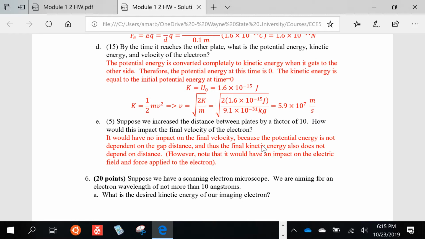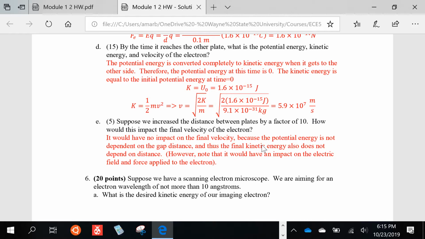That's what might make you think there's less force on the electron, so I'm probably not accelerating it as much. But here's the thing. When you increase the distance between the plates, you're applying less force on the electron, but there's also a larger distance for the electron to accelerate.